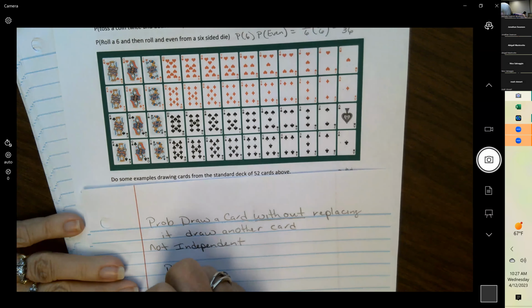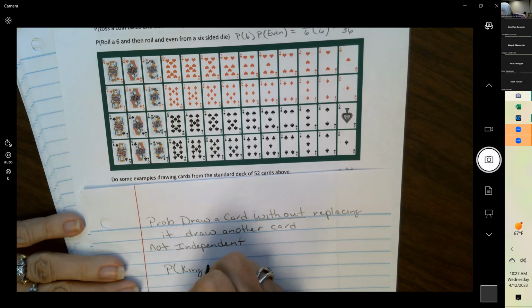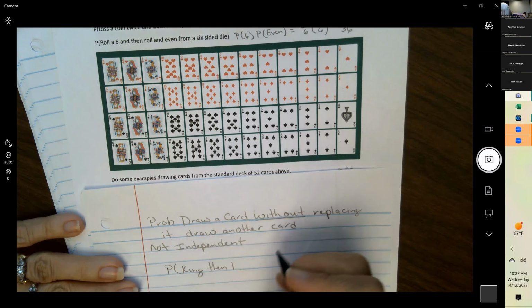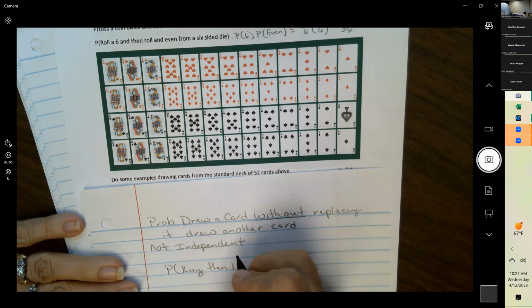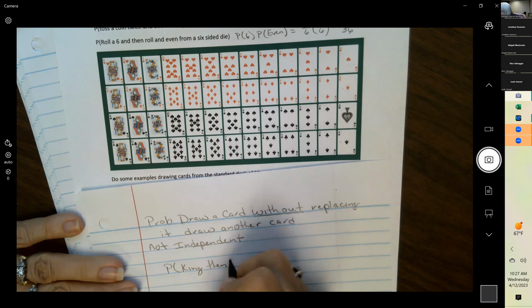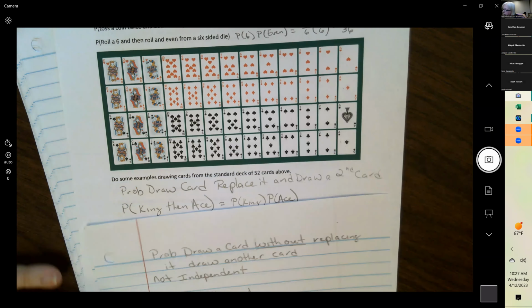So if we did the probability of a king, we'll see how it changes. I think we did a king and an ace.